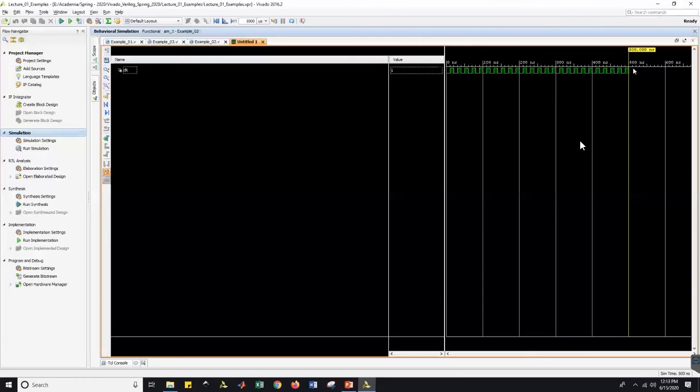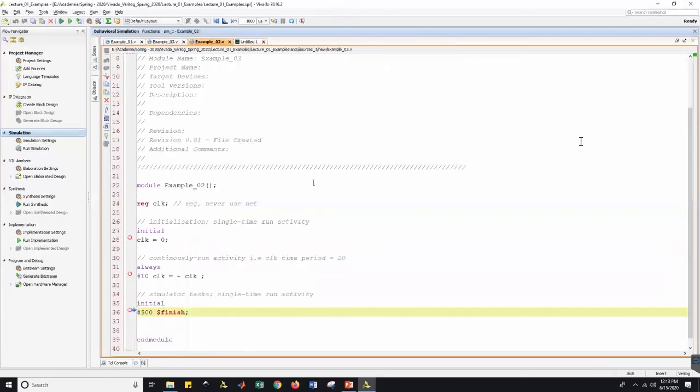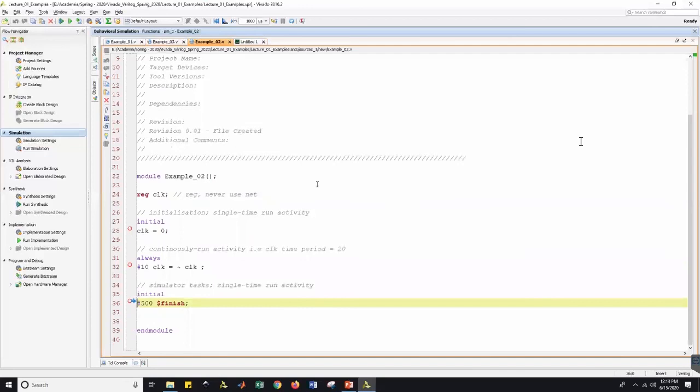Now it must be clear what the function of the initial block is and what the function of the always block is, what statements to put inside the initial block and what statements to put inside the always block.